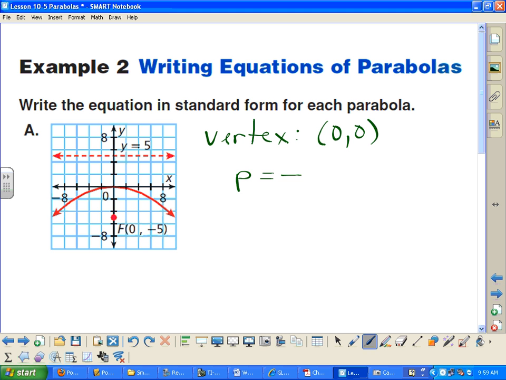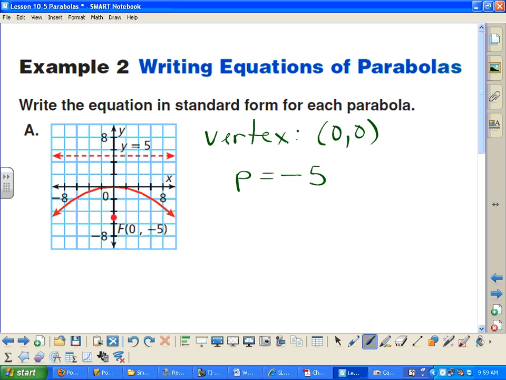All right. Now, we said p is half the distance from the focus to the directrix, or it's the distance from the vertex to the focus, or vertex to the directrix. So then what would that value be in this case then? Okay, negative 5. All right.